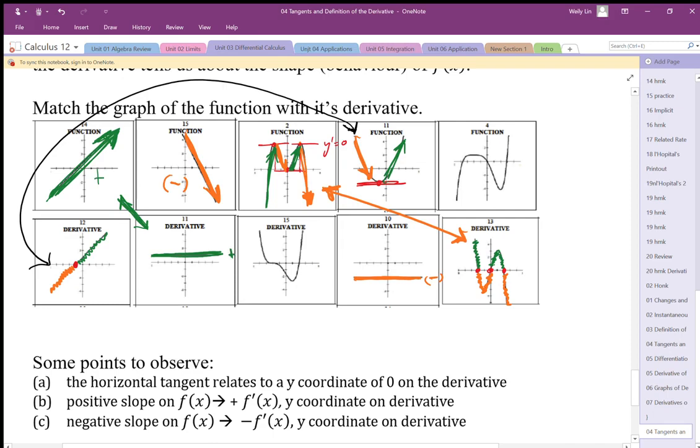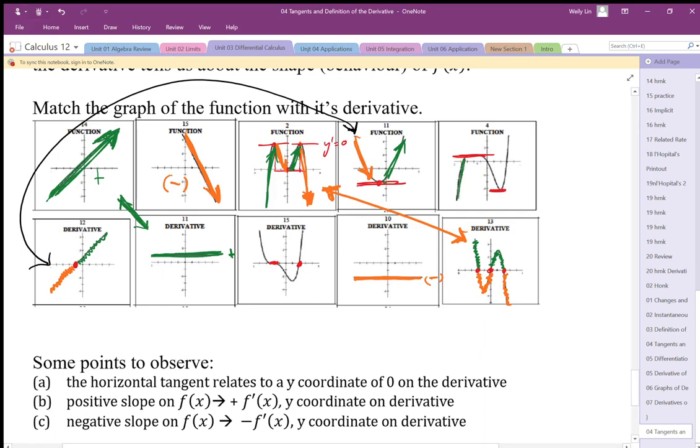Lastly, if we take a look at the last one here, we kind of have a long zero slope here, a little bit longer zero. This kind of slides through the zero here. We've got another horizontal tangent here that matches that. Again, we can check our positive and negative slopes.